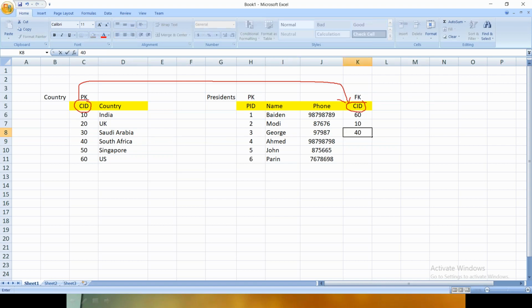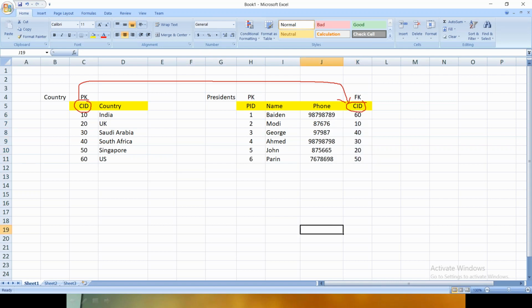So I wanted to have it like this. And Ahmad maybe for Saudi Arabia. So you need to enter this. John is for, let us say, UK and the number is 10. Okay. So Parin is for some other place, right? Maybe it is Singapore. Clear? So this is how you need to fill in the data.